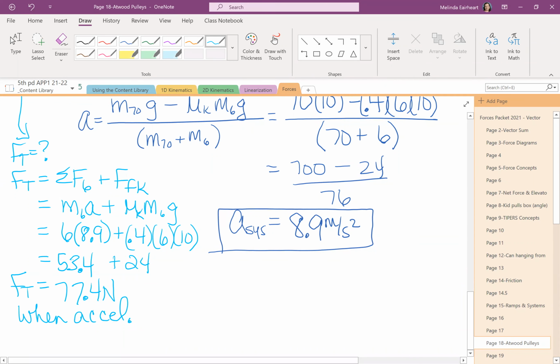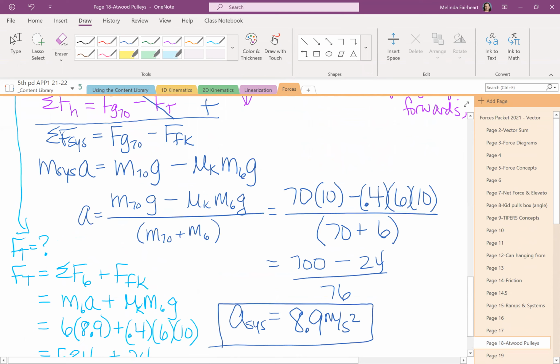Now, before we do the math, make a prediction. Is the tension in the string when everybody was at rest, should it be equal to 77? Should it be less than 77, greater than 77? Just make a personal prediction. And then we're going to go do the numbers and see. Everybody got a prediction?